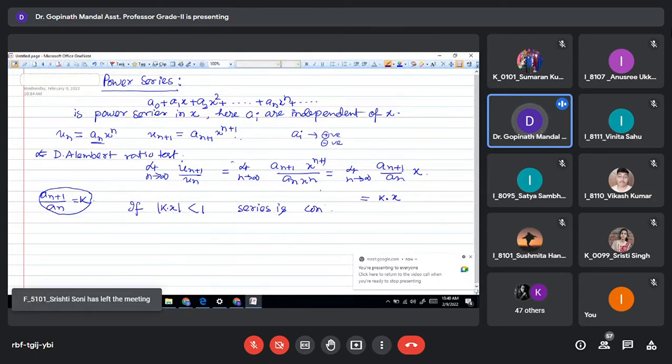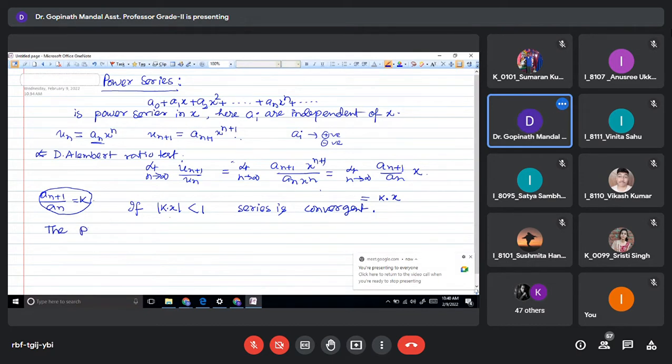Now this series is convergent when mod of kx is less than 1. That means mod of x is less than 1 by k, which means minus 1 by k less than x less than 1 by k.